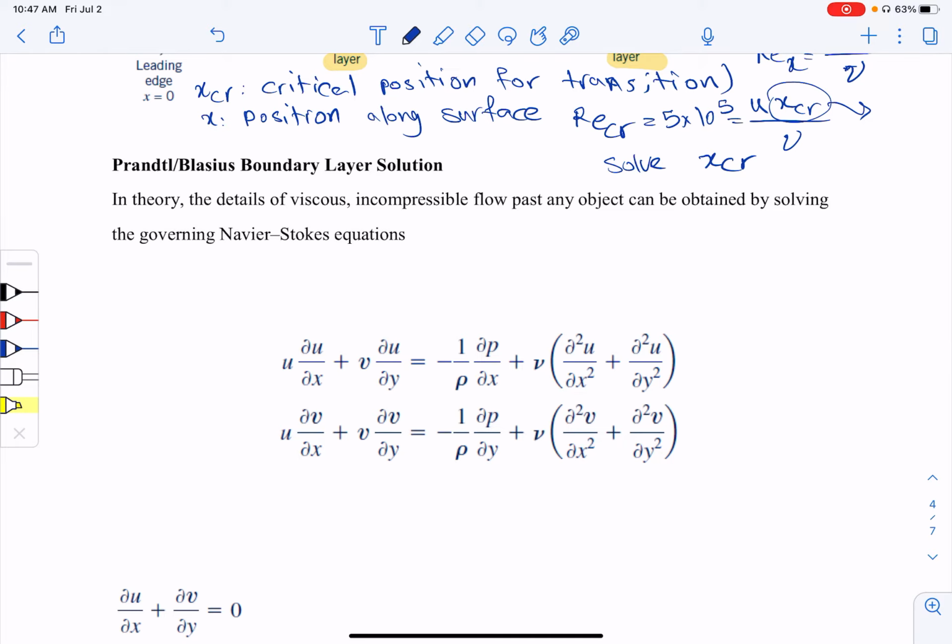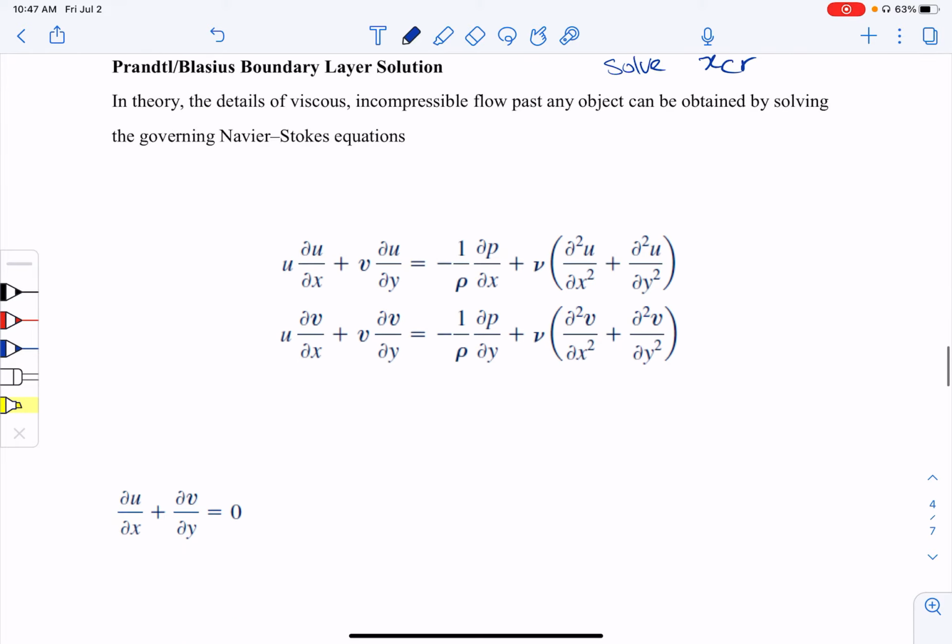So let's talk about the terms in the Navier-Stokes equation. So these two right here are the effect of the bulk fluid motion, right?